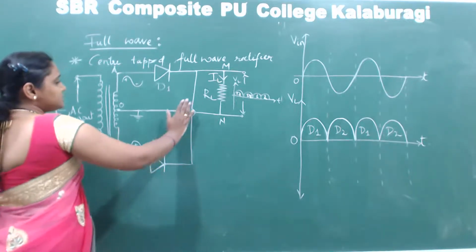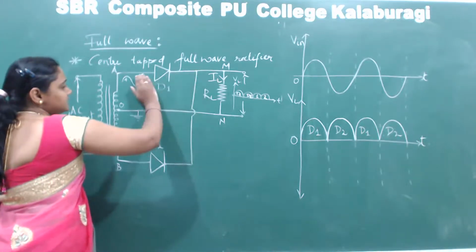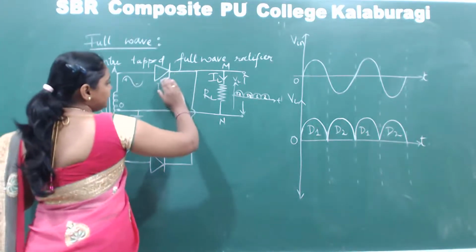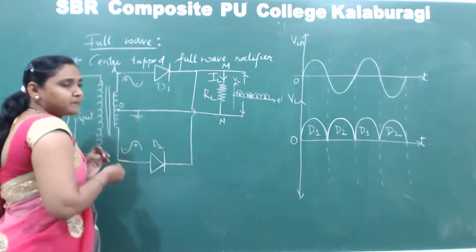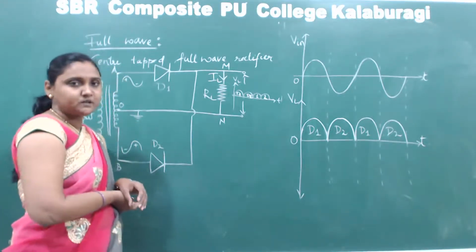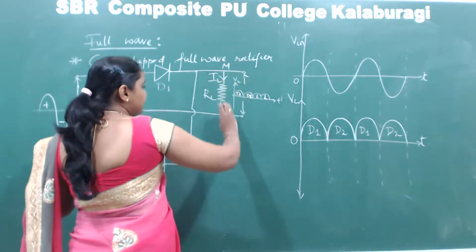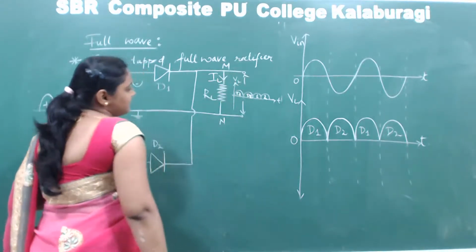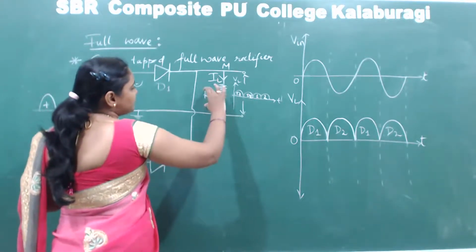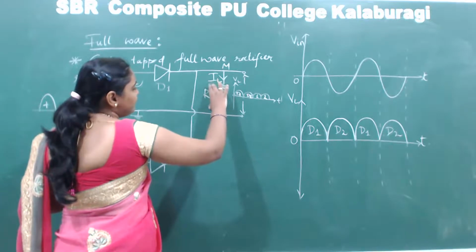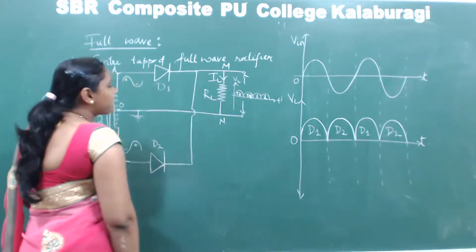So this much portion is simply removed and is not applied to the circuit. What happens? The current resulting due to D1 simply travels like this and passes through the RL. When it passes through the RL, it travels in the direction from M to N, that forms a positive half cycle, and the output is just the voltage drop across the RL. Whatever value of voltage drop is observed in the RL is going to appear in the output.